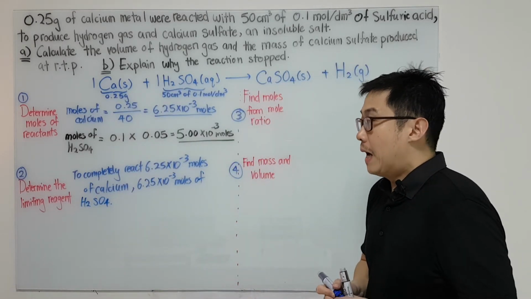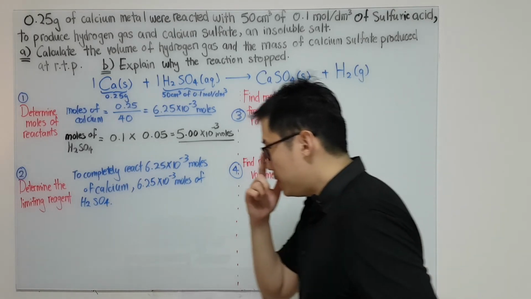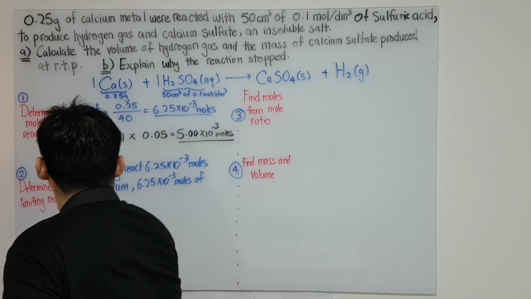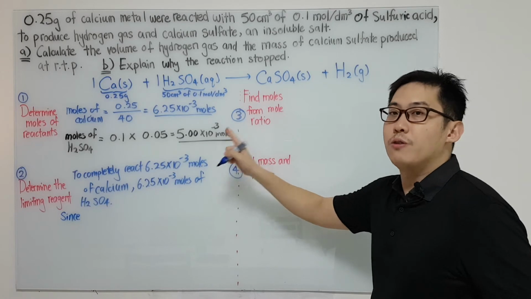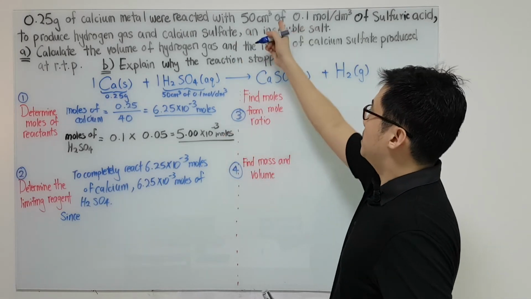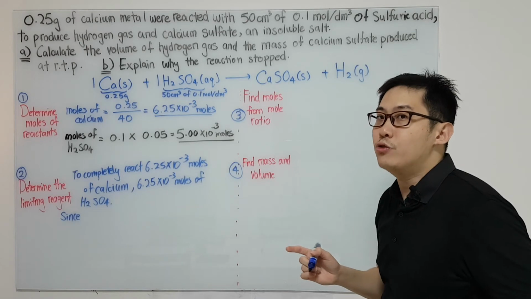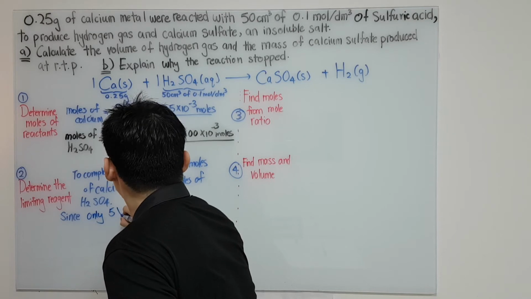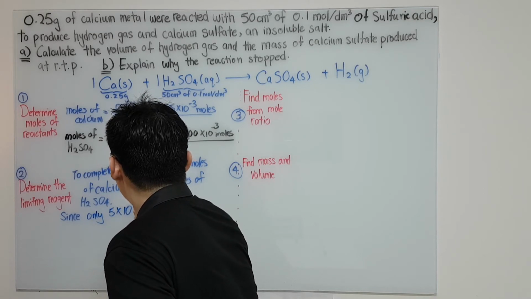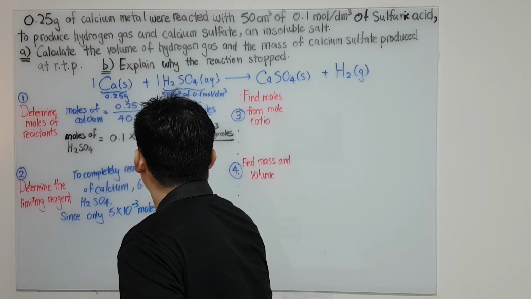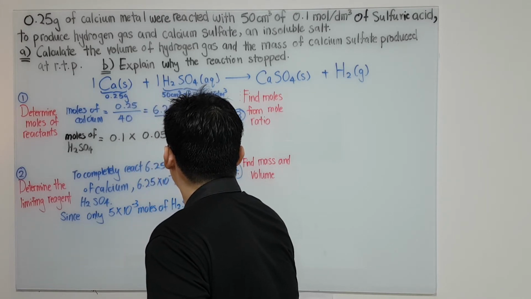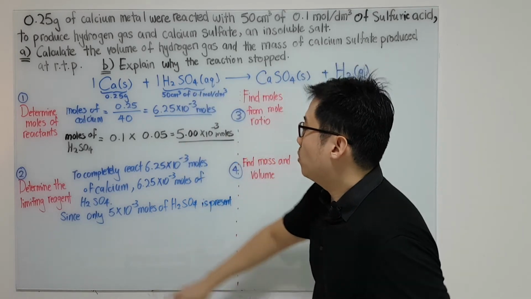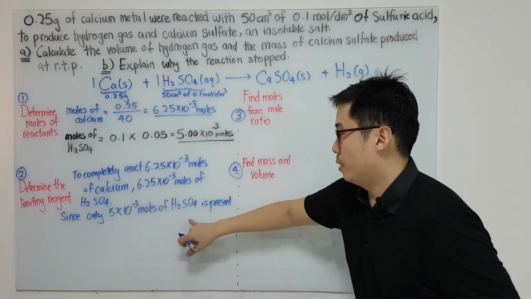However, students, the H2SO4 that is given in this quantity is only 5 times 10 to the power of negative 3 moles, which means that only 5 times 10 to the negative 3 moles of H2SO4 is present.